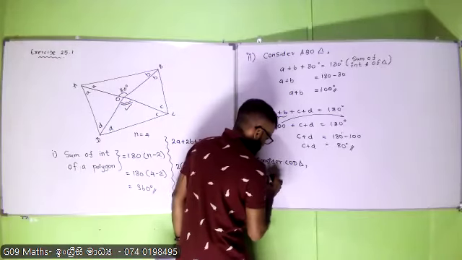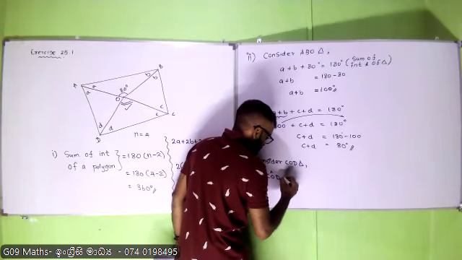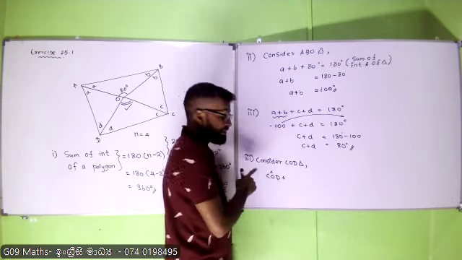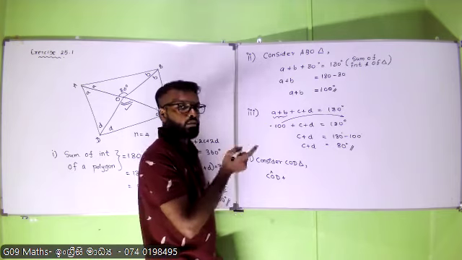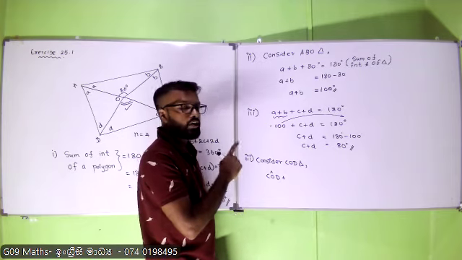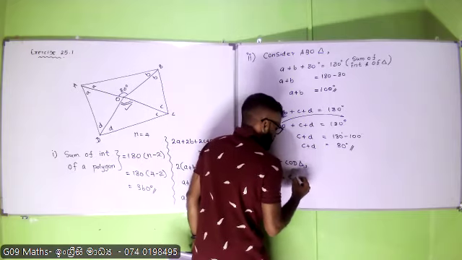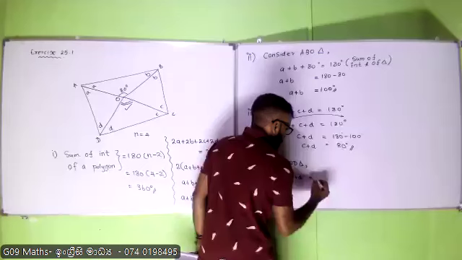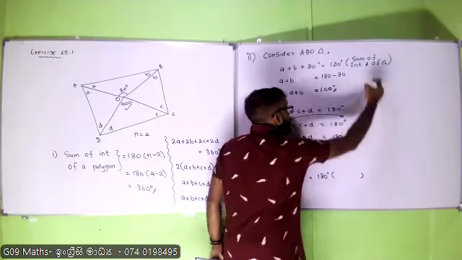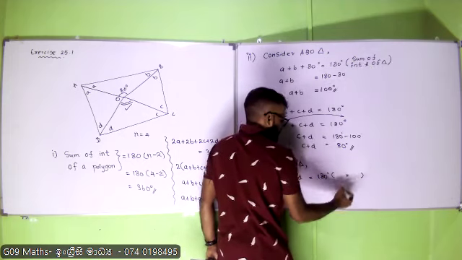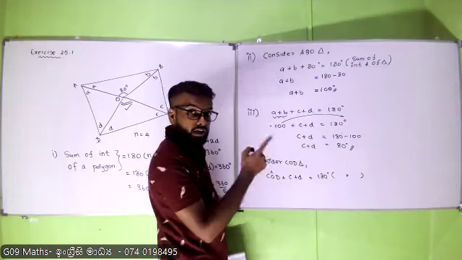Or you can write angle COD first, because that is the thing you are going to find first. It would be better to write down the thing you are going to find. Angle COD plus c plus d equals 180. What is the reason? Same thing: summation of interior angles of a triangle.